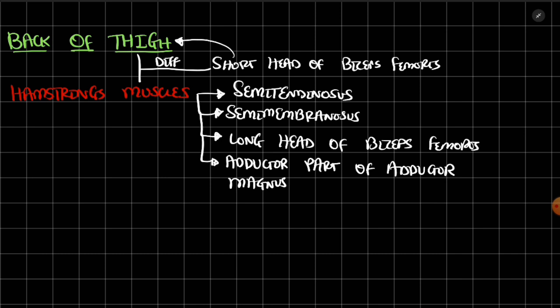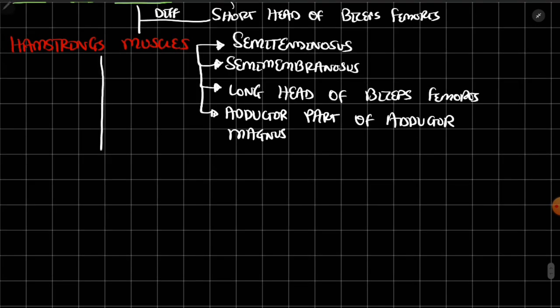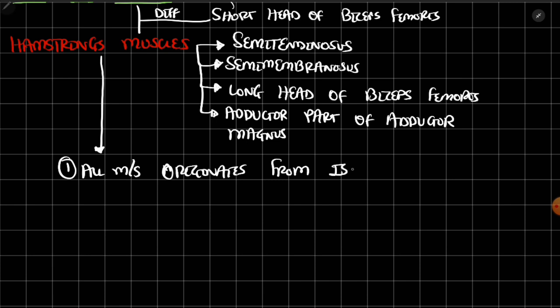So what are the characteristics to be a hamstring muscle? Basically, all the muscles of the hamstring originate from the ischial tuberosity. Okay, the tuberosity which is present on the posterior aspect of the hip bone.